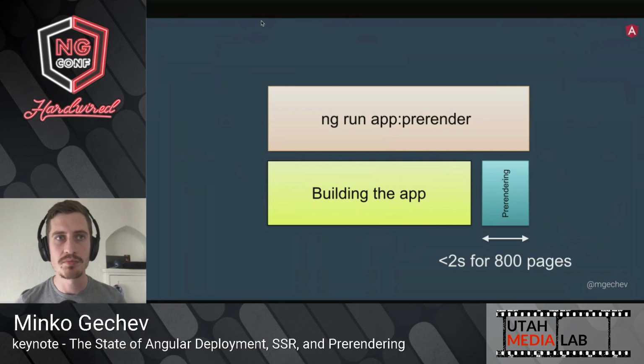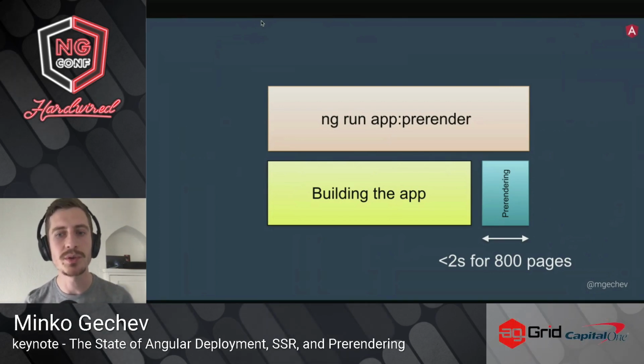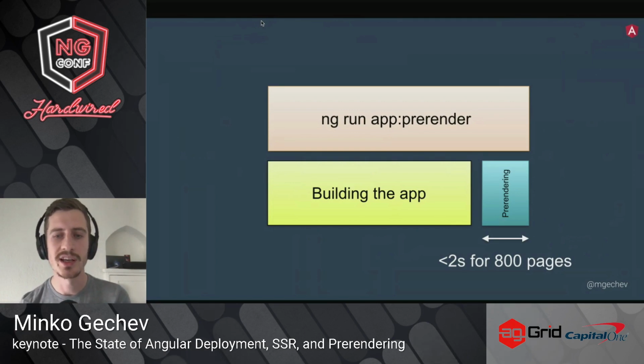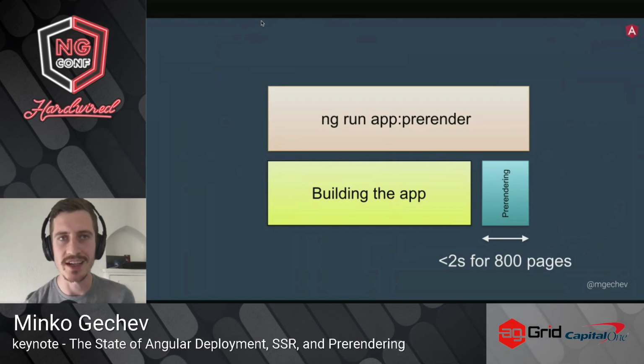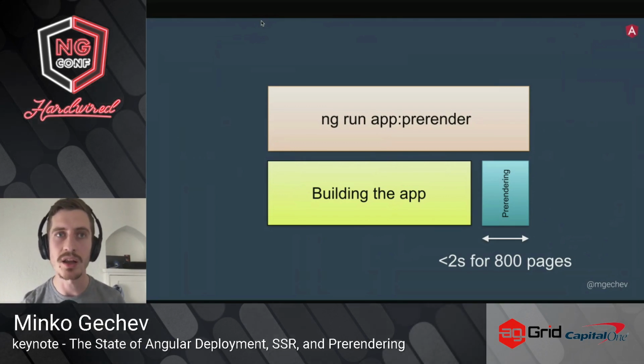We're going to produce all the production assets for both the Angular Universal server and for your Angular client. And right after that, we're going to start a pre-rendering process, which we played a lot to optimize quite a lot. In this case, you can see that we're pre-rendering 400 pages in less than a second. And this is only possible because we are pre-rendering the individual pages on different cores of your machine in parallel.